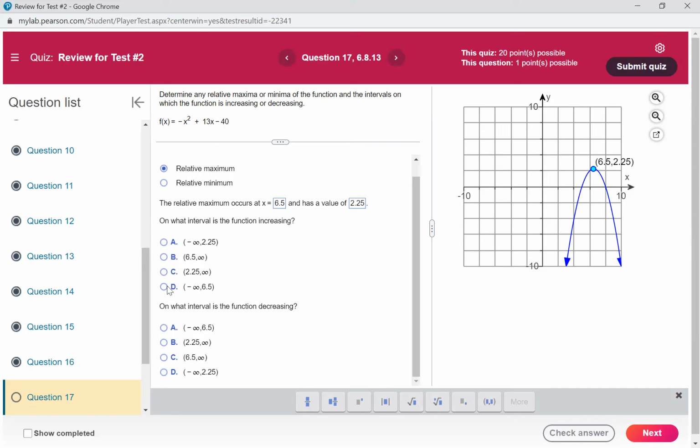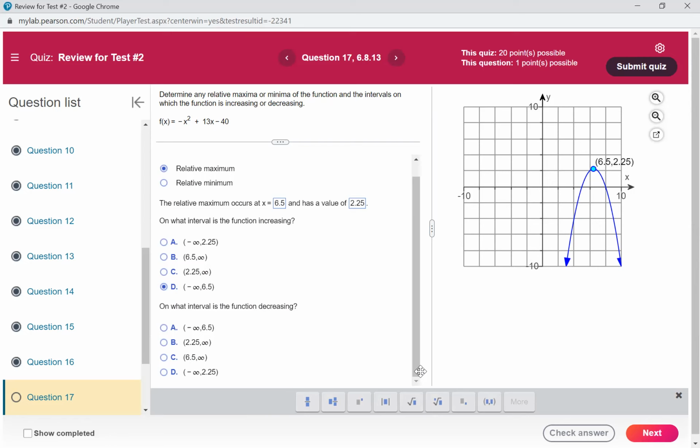Because remember, increasing and decreasing intervals go off the x values. So since yours was going uphill from the left, it came in from negative infinity to that 6.5. So what about my decreasing? A, B, C, or D? C. C. What are y'all saying?